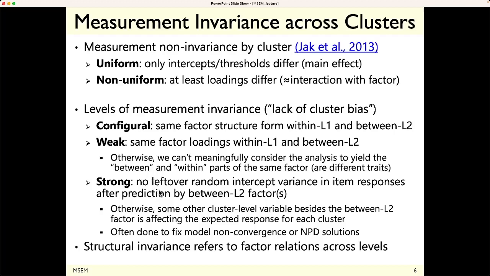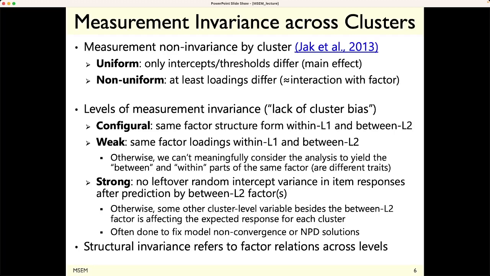Strong then would add a further constraint of shutting off the leftover random intercept variances. So at level 2, the data that you're working with that's being factor analyzed are the 10 random intercepts, one for each item. Then you have your between level theta that's predicting them.